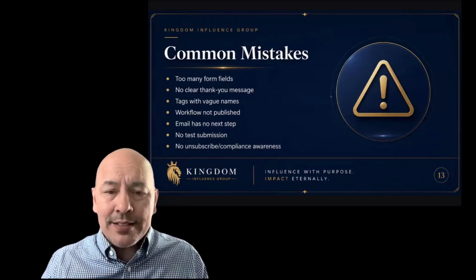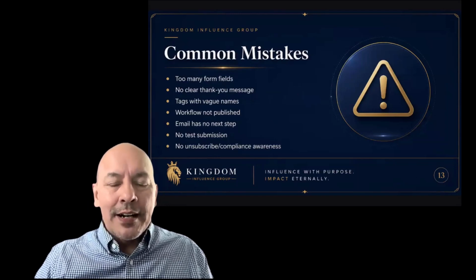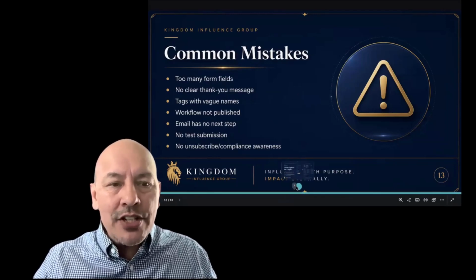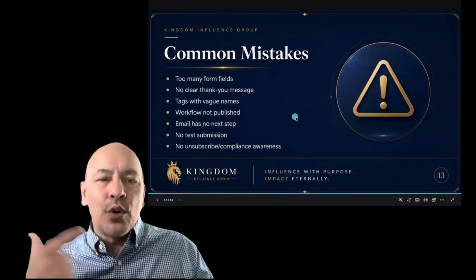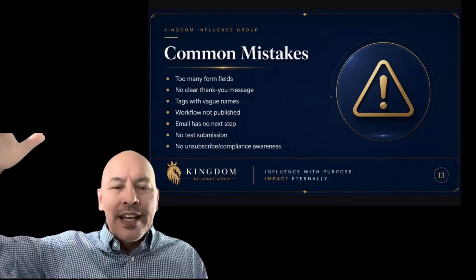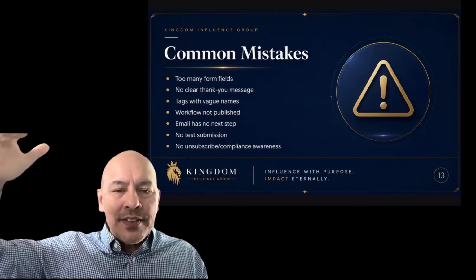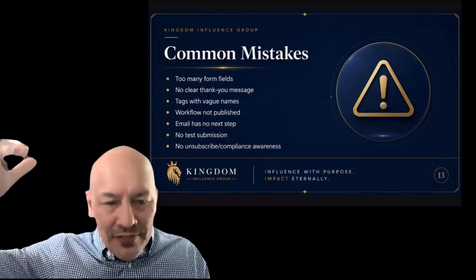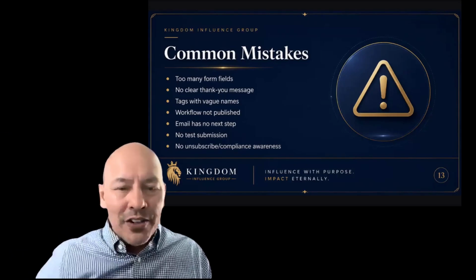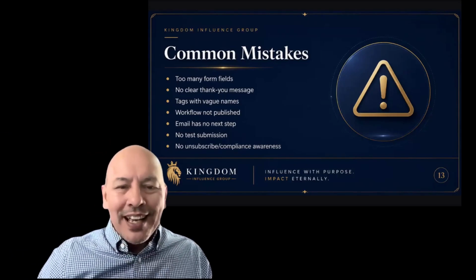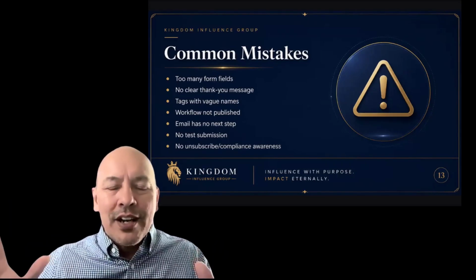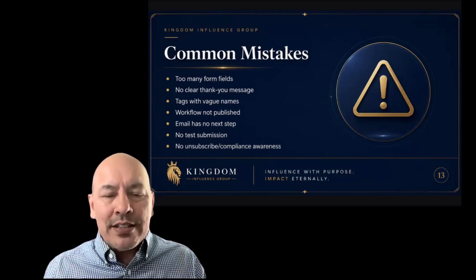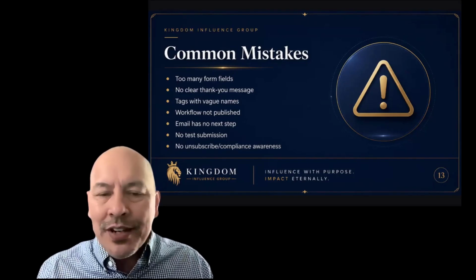some common mistakes that we can make when we're doing these kind of automations. You might have too many form fields. If you have too many form fields, it feels kind of invasive. Like you want too much information from me. Next thing I know, you're going to ask for my social security number and my credit card, and that's too much. You're going to have more success if all you ask for is their email address and their name, and that's it.